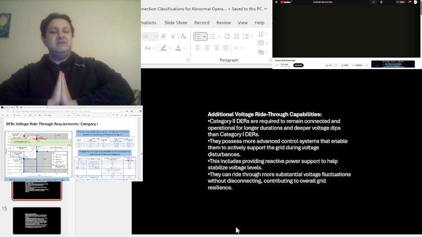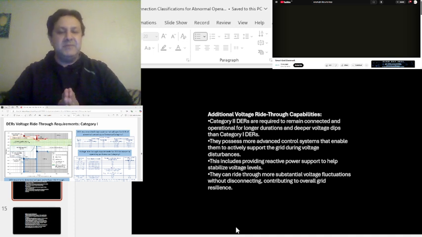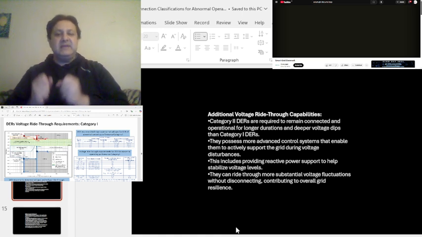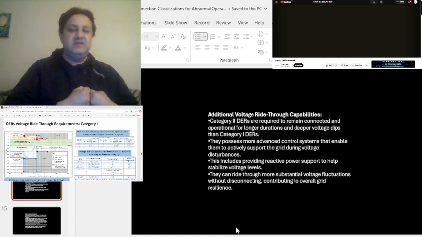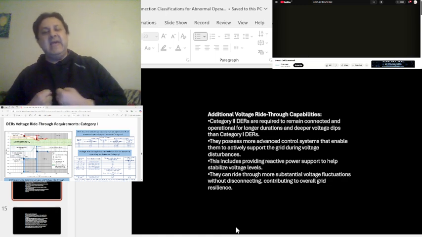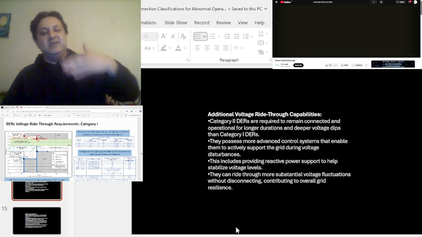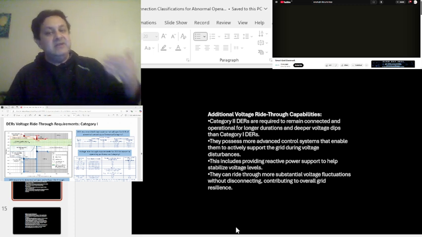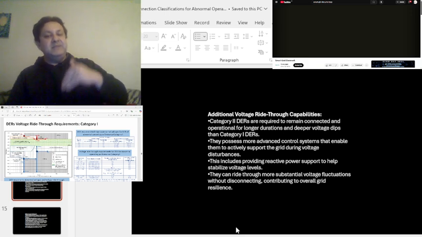So additional voltage ride through capabilities for category 2 are required to remain connected and operational for longer durations, as I said, and deeper voltage dips than category 1, because, as I said before, category 1 was for the shallow dips. This one is for the deeper and deeper dips.